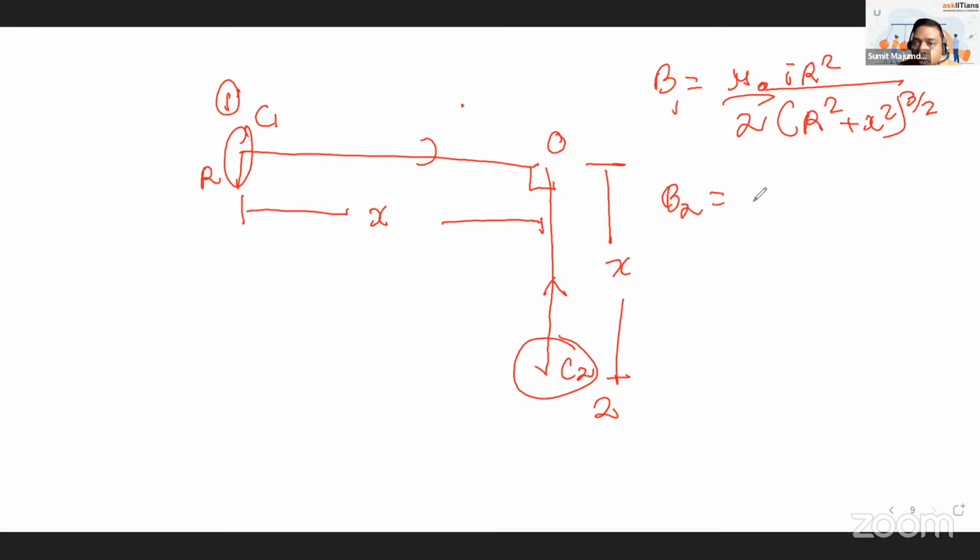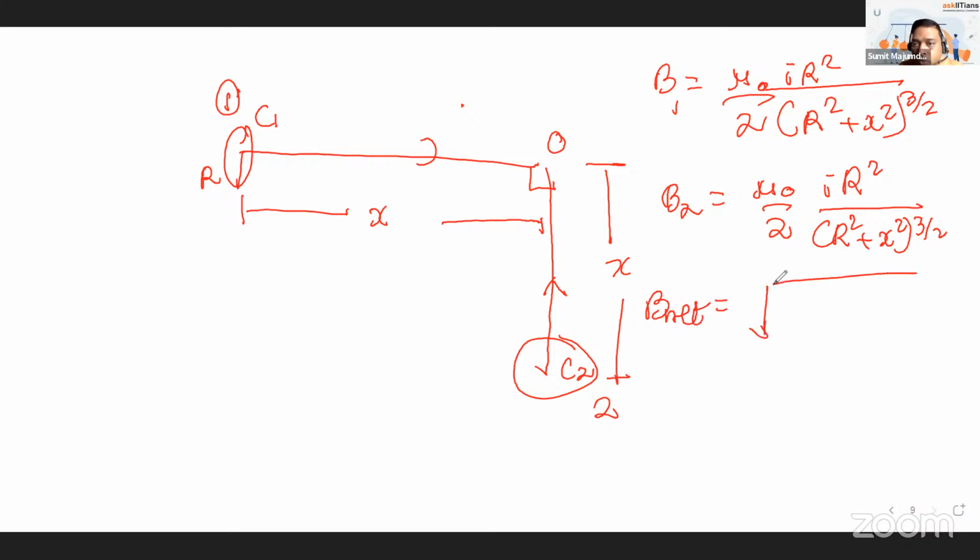From loop 2, it's going to be equal to mu naught by 2, I R square upon R square plus X square to the power 3 by 2. Now these two are along perpendicular directions, right? We have to find out the net value. So the net magnetic field is going to be equal to the square root of B1 square plus B2 square, right?